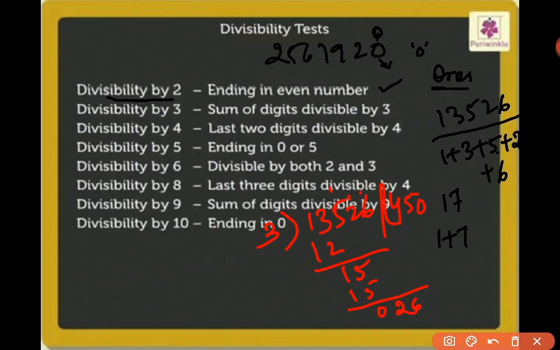Then 3 7s are 21, 3 8s are 24, and your remainder is 2. So the remainder is not 0. That is why you'll say that this number is not divisible by 3. This is how we verified.